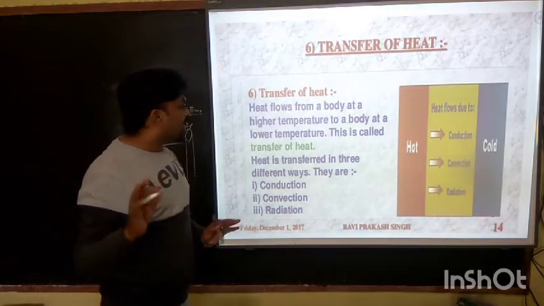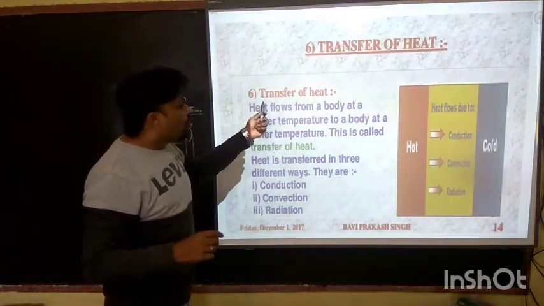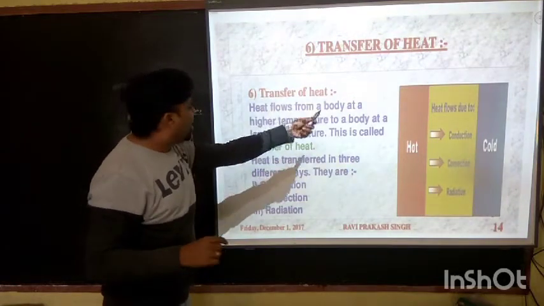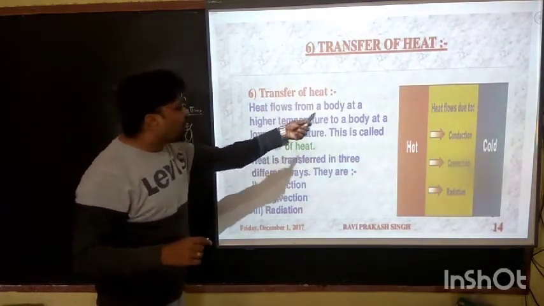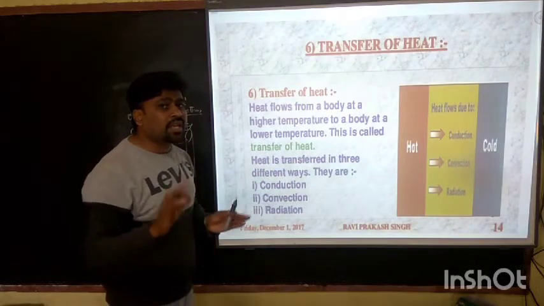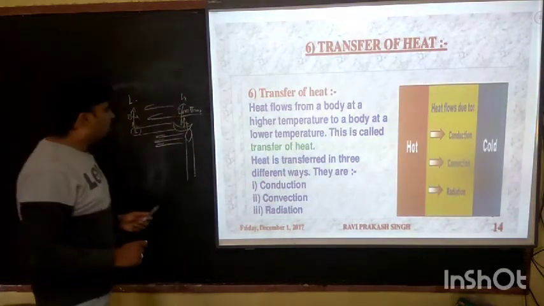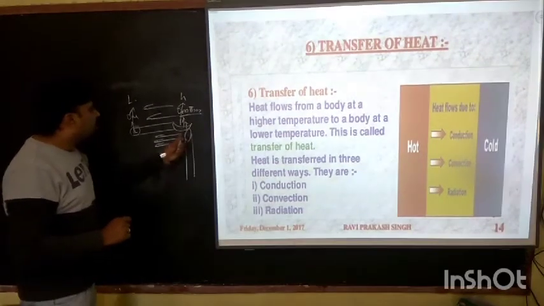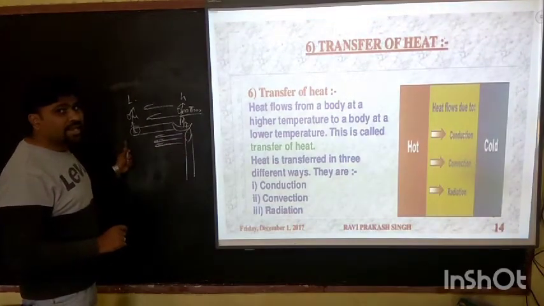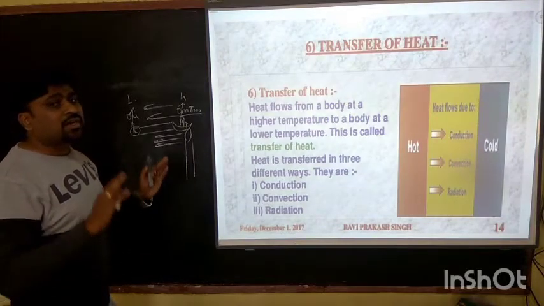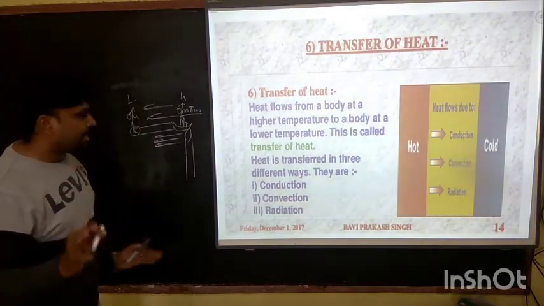Transfer of heat is nothing but heat flowing from a body at a higher temperature to a body at a lower temperature. In this case, heat is transferred from one end to the other end, and that is what we call transfer of heat.